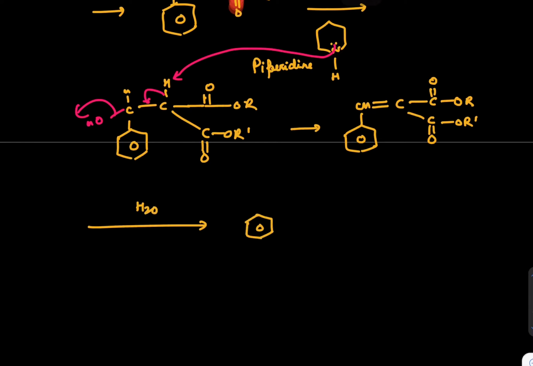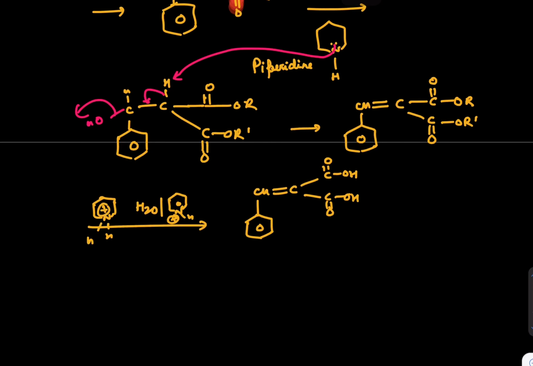Water will act at this carbon, CH double bond C. At this place you'll get COOH and COOH. You know that esters are given, so esters can hydrolyze in this case. So with water and H plus, we can expect this. Anyway, H plus is available in plenty of amount.